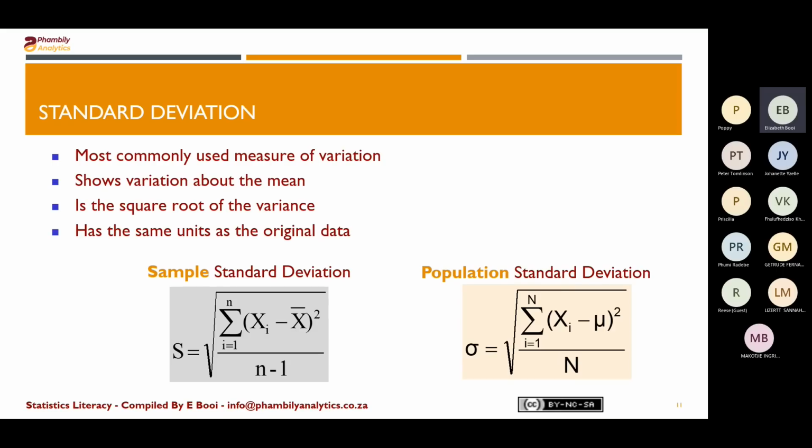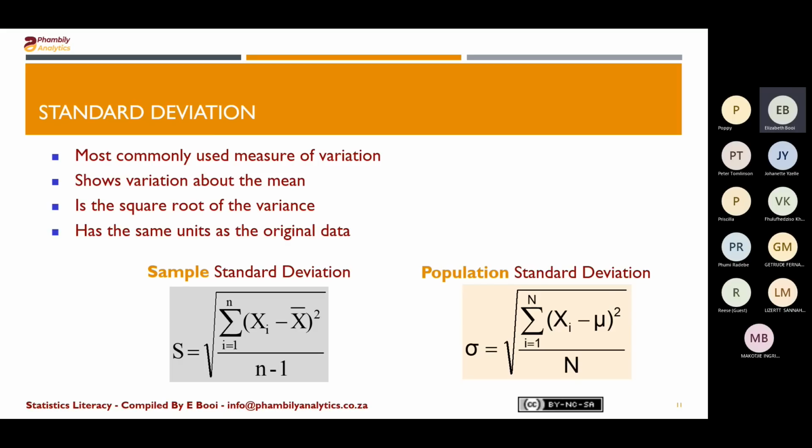Because of that, we are able to interpret the values of the standard deviation, because when we're doing the calculation, we take it back to the same unit as the original data set. By taking the square root, it also normalizes your data.